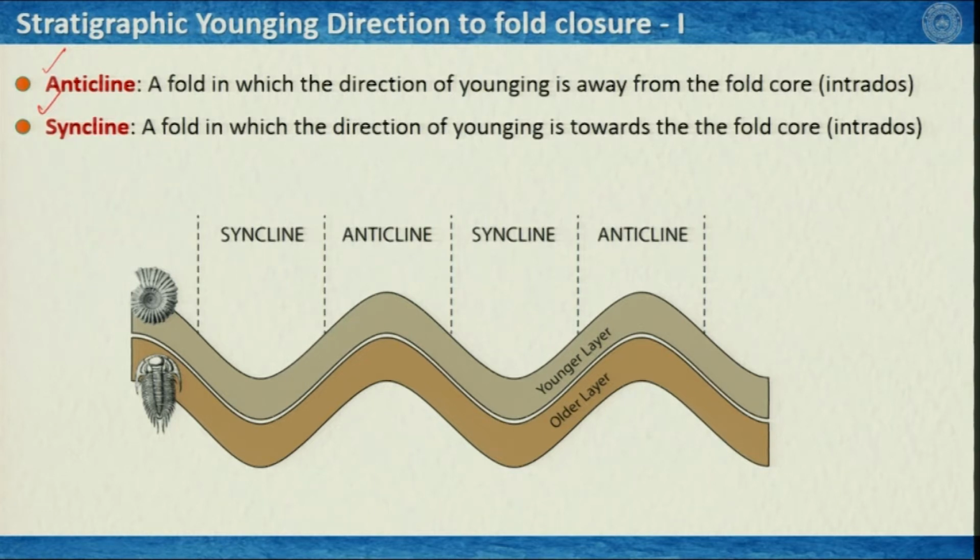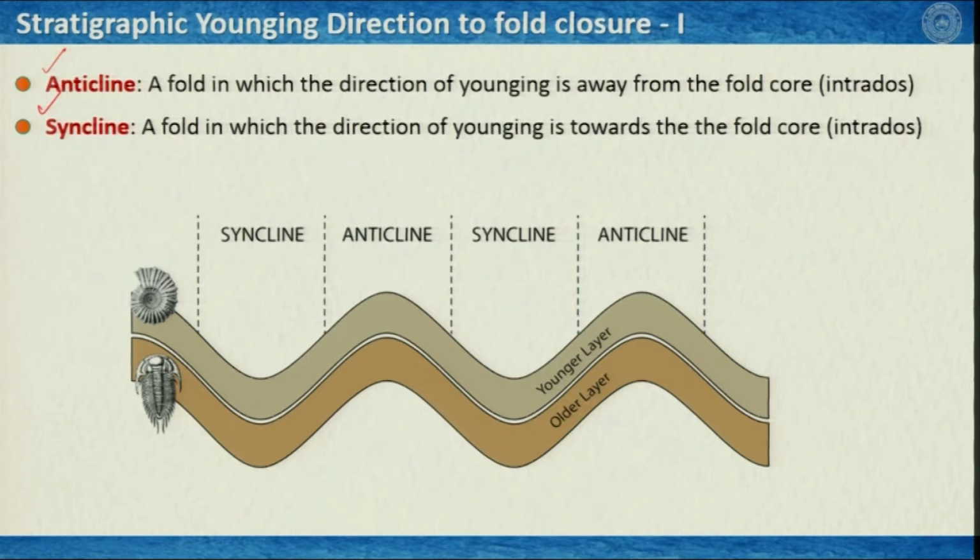Let's have their definitions first, as written here. An anticline is a fold in which the direction of younging is away from the fold core, and a syncline is a fold in which the direction of younging is towards the fold core.